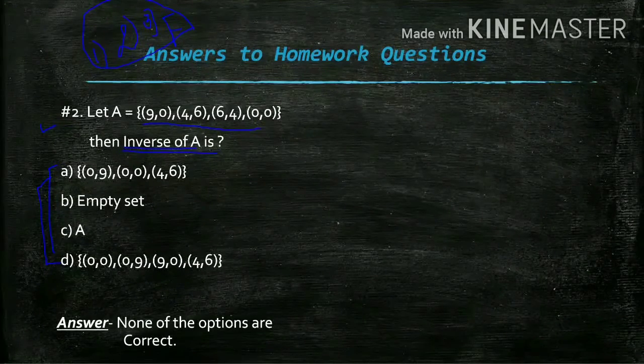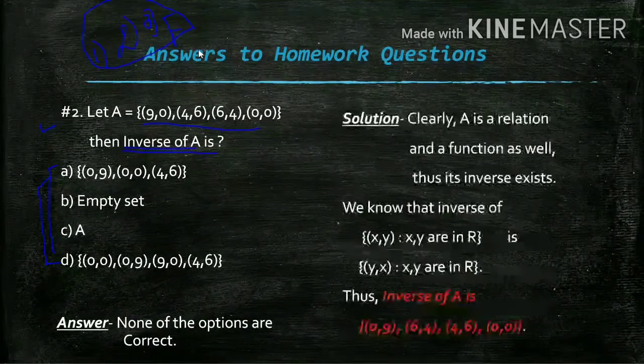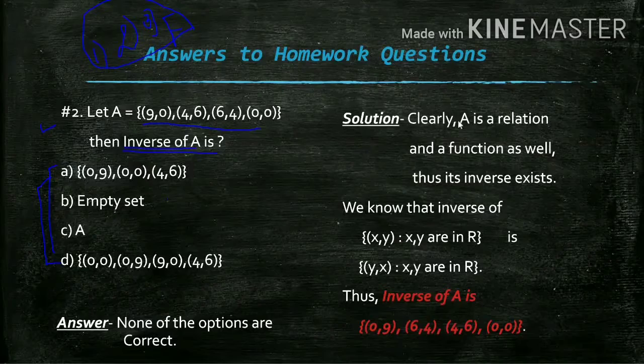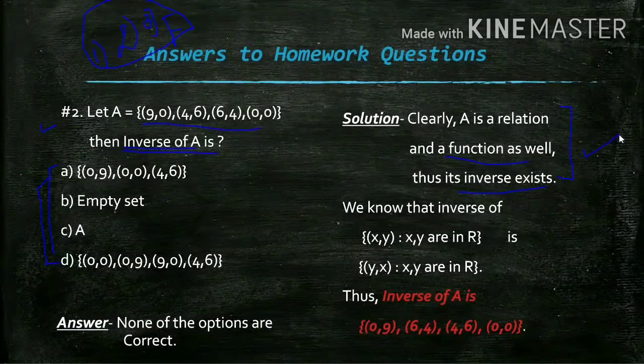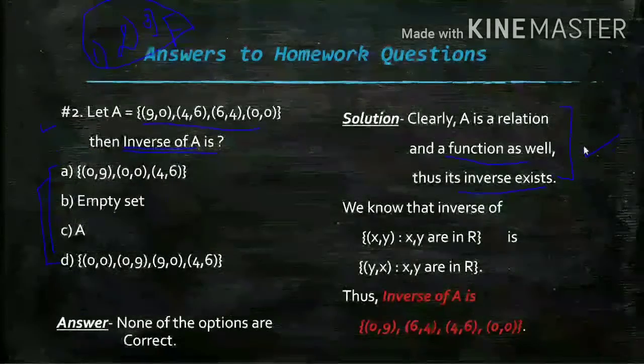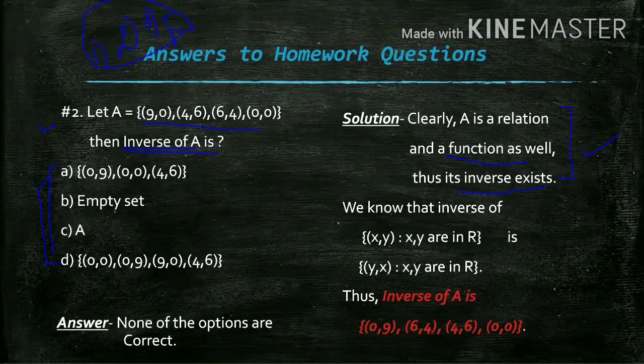Now also its answer is none of the options, but it's not because it's not a function, because clearly A is a relation, a set with ordered pairs, and a function as well. So thus its inverse exists. Firstly, you need to say that its inverse exists. Then only you can talk about its inverse. Until then, you can't talk.